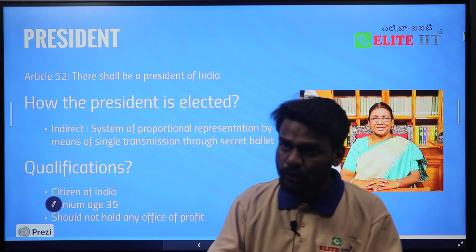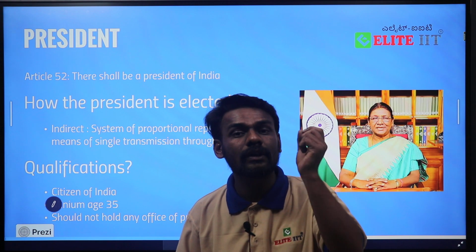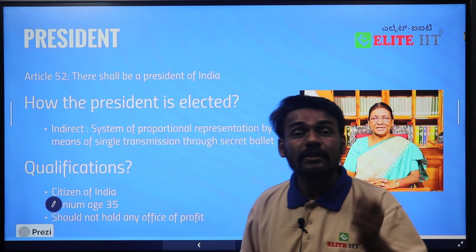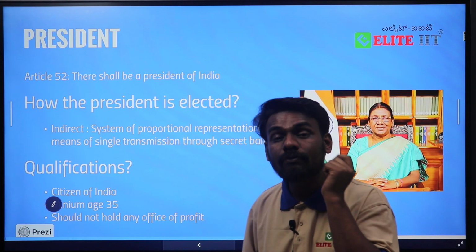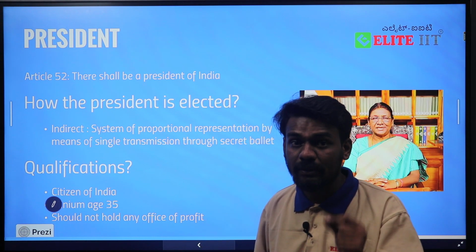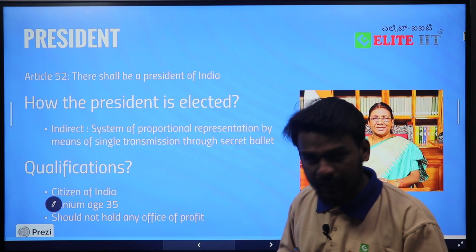Including the elected members of parliament, the members of the state legislative assemblies are also eligible to vote in the president election.